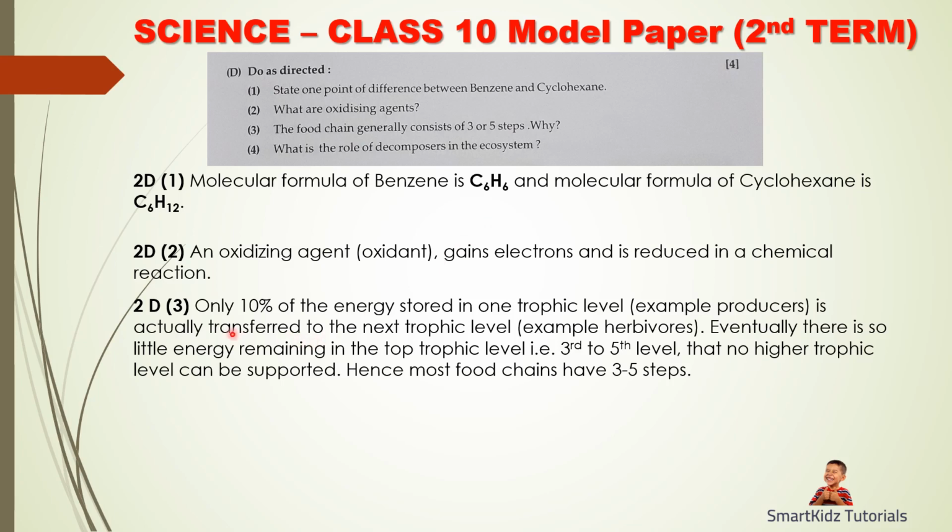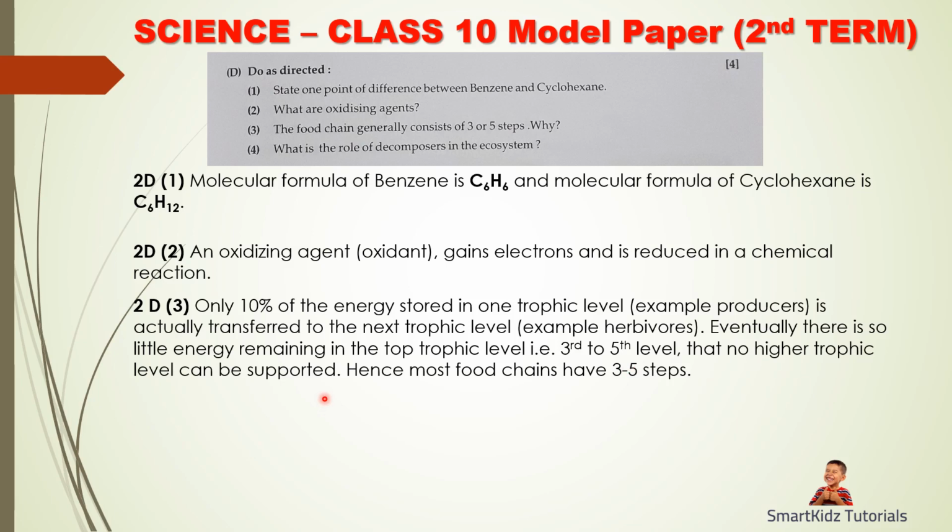There's not any energy left, you can say. So we say only 10% of the energy stored in one trophic level, the ones produced by the producers, is actually transferred to the next trophic level, that is herbivore, and so forth. In case of humans, we are right at the top of the trophic levels. Eventually there is so little energy remaining at the top trophic level, that is third to fifth level, that no higher trophic levels can be supported.